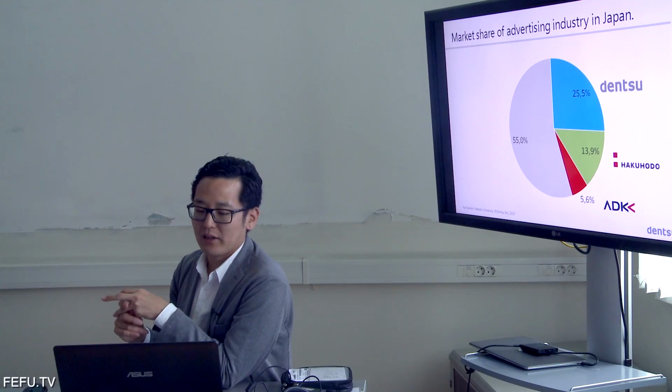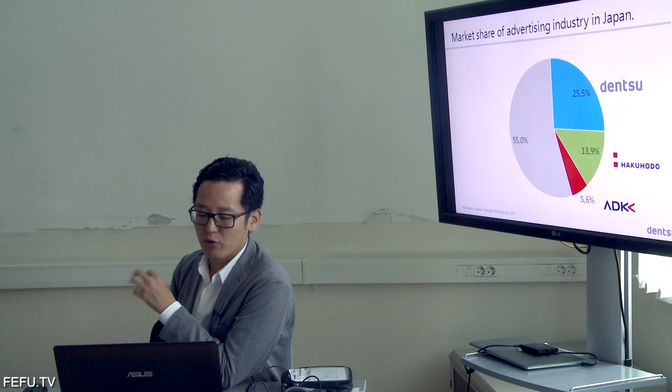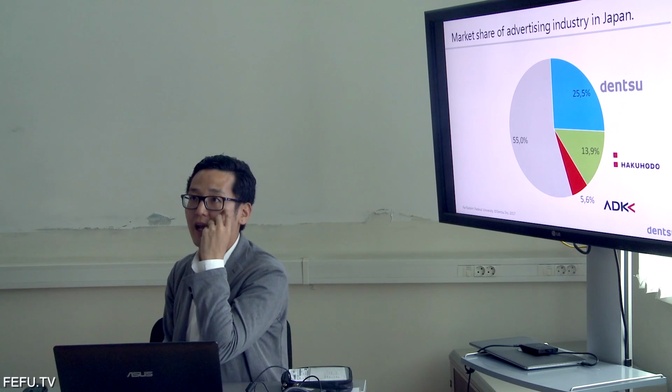And this is the market share of the advertising industry in Japan. Again, we have almost 2,000 advertising agencies in the market, but the top 3 companies, Dentsu, Hakuhodo and ADK, occupy almost half of the market.